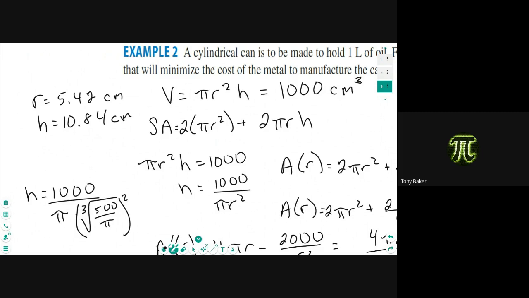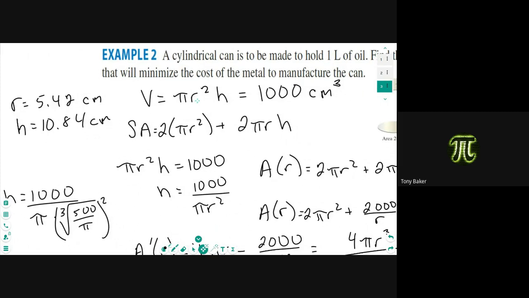So pretty close to that. 8.35 would actually give me almost exactly 1,000. So there you go. That's what you'd have to do.